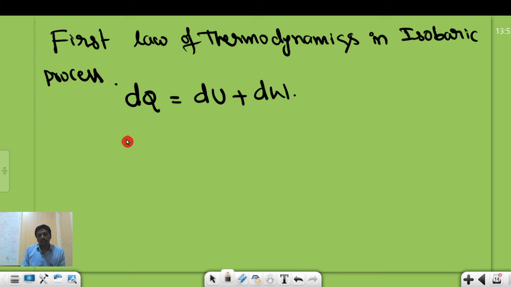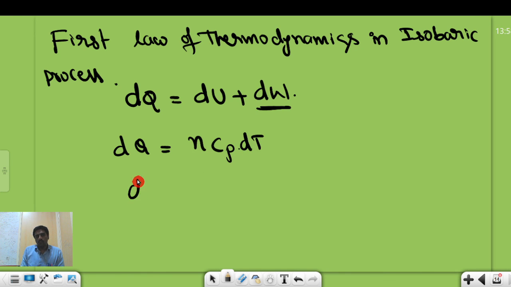As the pressure is constant, the temperature can increase and it can decrease. Temperature is not a constant term. Then we will use the formulas once again. dQ is equal to nCp dT, a formula we know, and also dU is equal to nCv dT at constant volume.